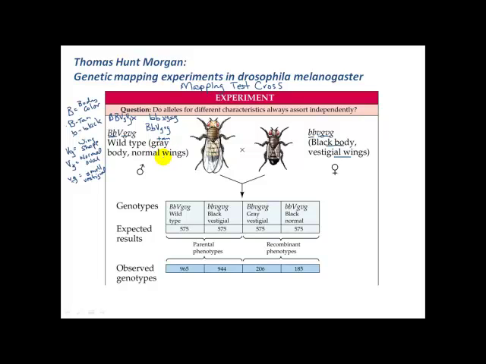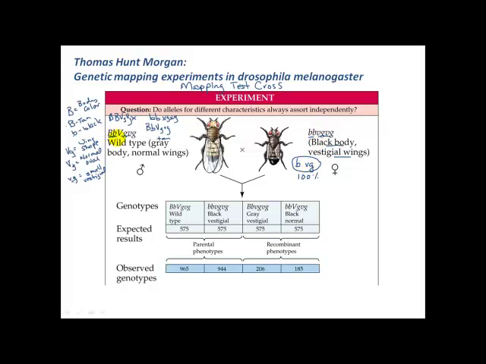Okay, so how do we do this test cross? So we cross them against one another, and we know that this individual fly is only going to be able to produce one type of gamete. Every single one of this fly's gametes are going to have the black allele at the black body gene and the vestigial allele at the wing shape gene, right? 100%, because that's all this fly has to pass on.